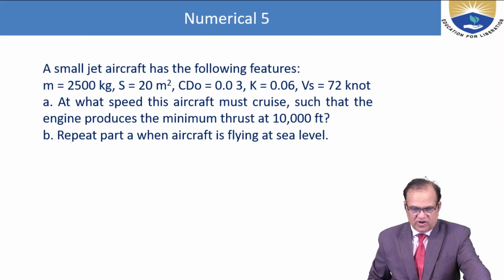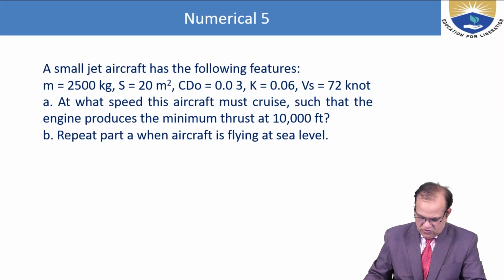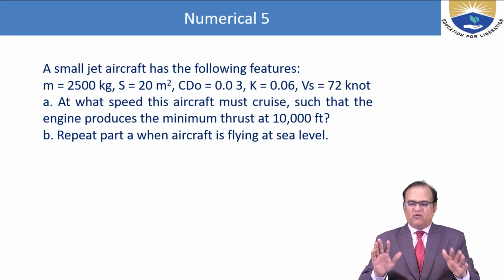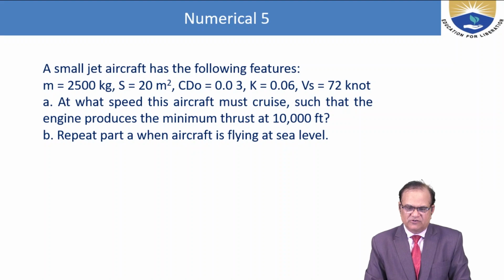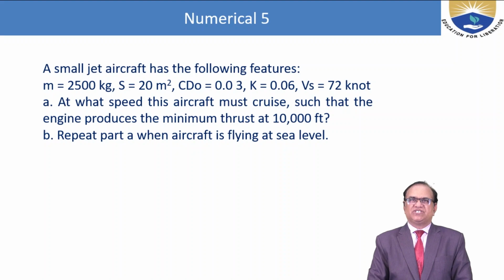Now we will go for problem number 5 here. So we will see how we can solve this problem. We have one more problem, so we will try to solve at the earliest. A small jet aircraft has the following features: M is equal to 2500 kg, S is equal to 20 meter square, CD naught is equal to 0.03, K is equal to 0.06, stall speed is 72 knot.